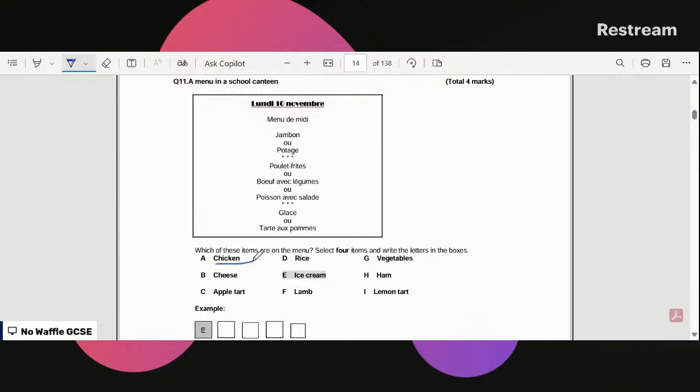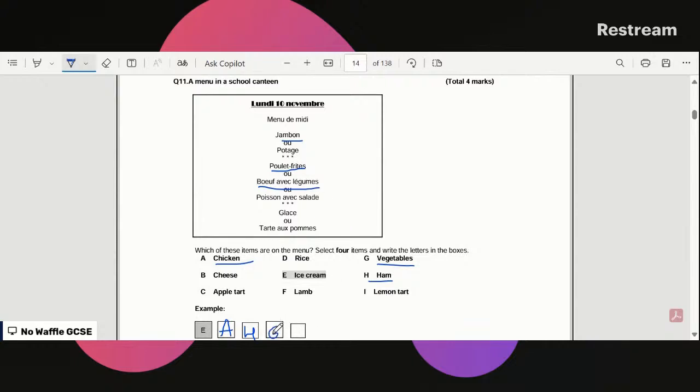So you can see we've got chicken here, poulet frites, so A is definitely here. We've got jambon, which you should recognize as ham, so H is there. Bœuf avec le légume, so there's no actual option for beef, so you've got vegetables, however, le légume, so that is an answer.